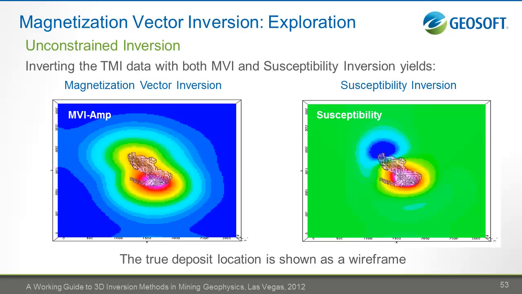The susceptibility image targets a high-low type of situation, which is usually associated with some sort of remanence effect.